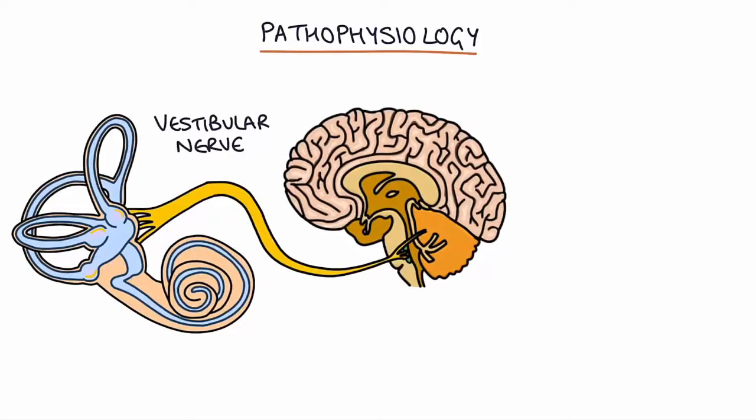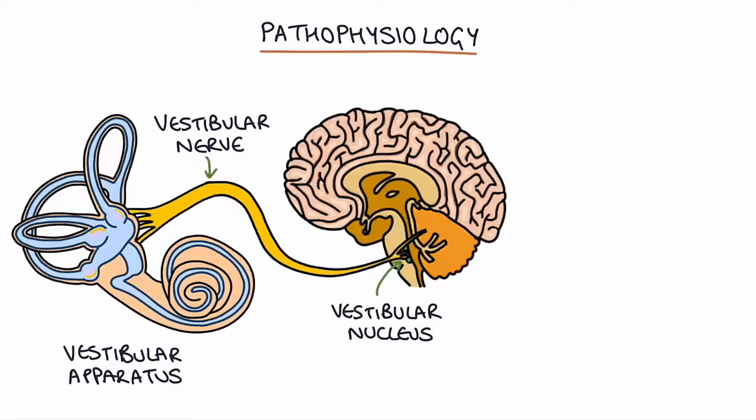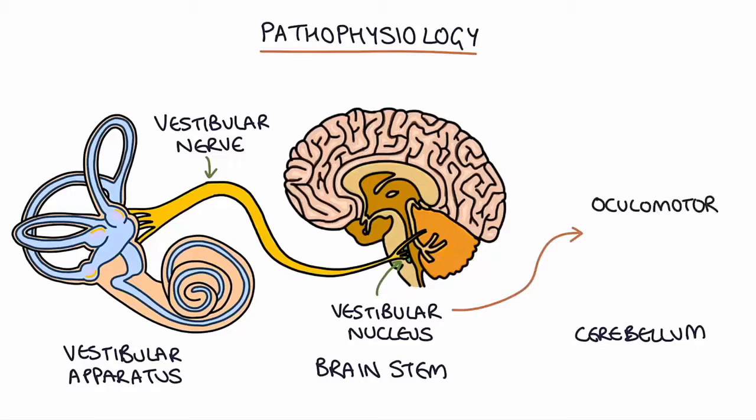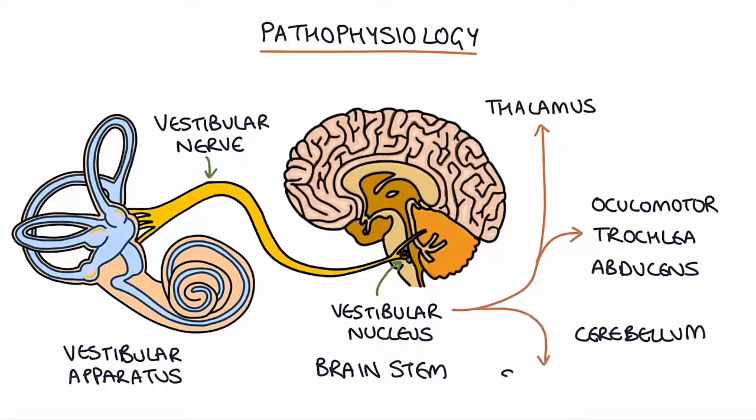The vestibular nerve carries signals from the vestibular apparatus to the vestibular nucleus in the brainstem and also to the cerebellum. The vestibular nucleus then sends signals to the oculomotor, the trochlear and abducens nuclei, which are responsible for controlling eye movements, and also to the thalamus, the spinal cord, and the cerebellum.